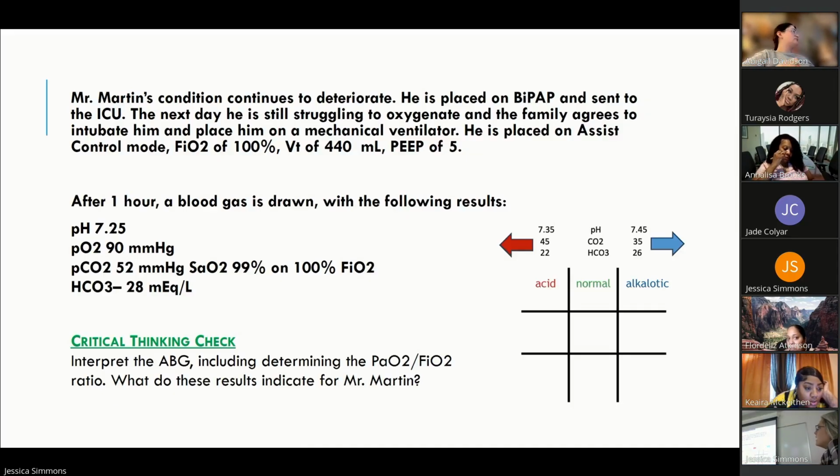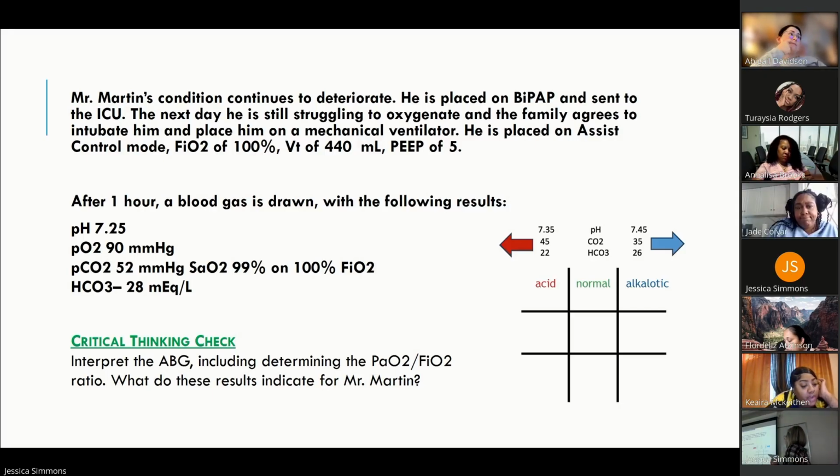We're going to get into the ventilator settings. So we have a pH of 7.25. We have a CO2 of 52. Bicarb of 28.